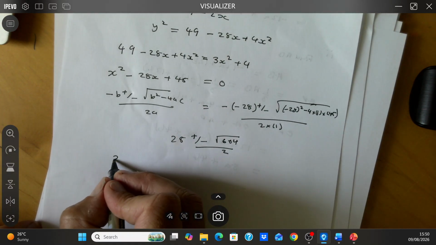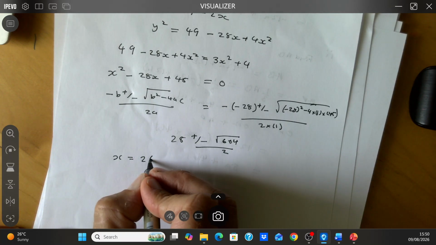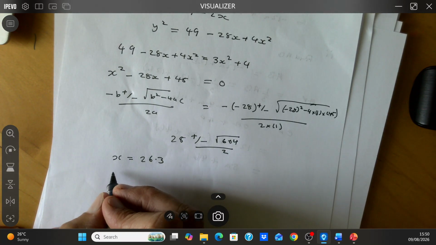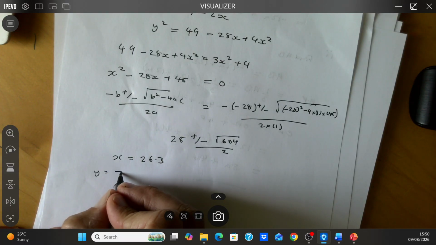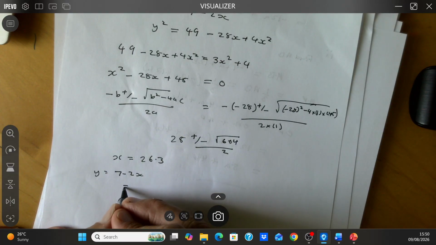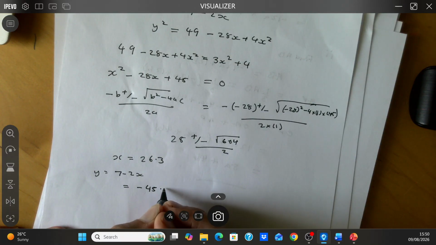So I have one value of x, which is equal to 26.3, and using y equals 7 minus 2x, that will give me minus 45.6.